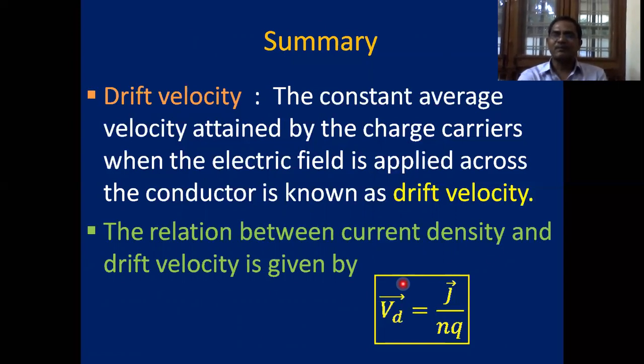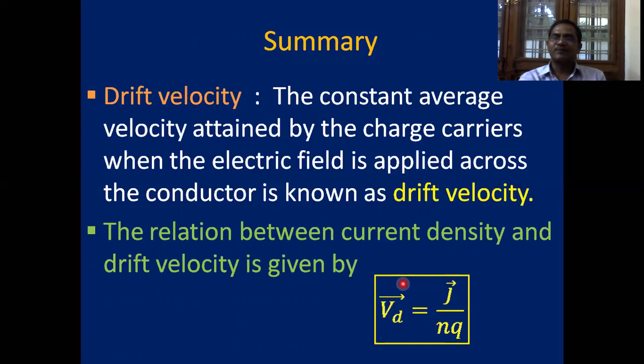Here we should remember that in the absence of electric field, in the absence of applied potential difference, the average thermal velocity is in the order of 10 power 5 meter per second. When the potential difference is applied across the conductor, then in addition to the thermal velocity, due to the applied electric field they acquire some acceleration, getting some drift velocity.